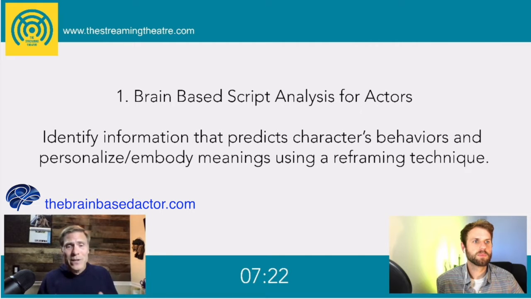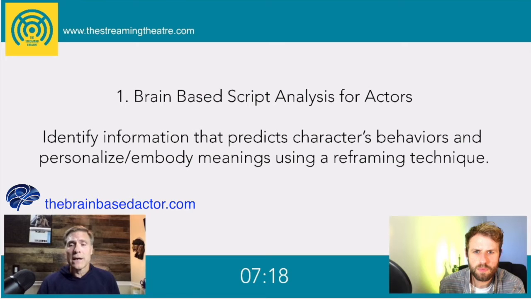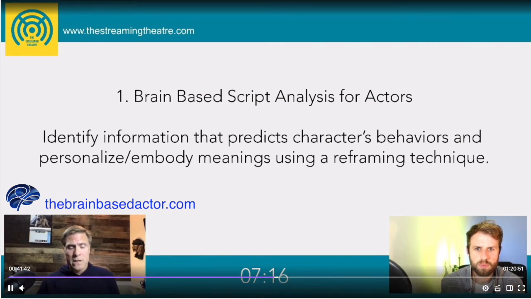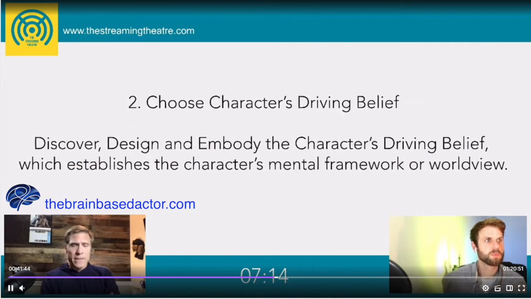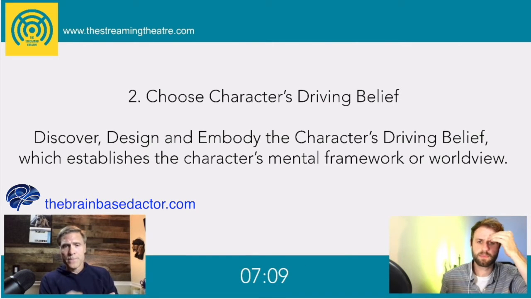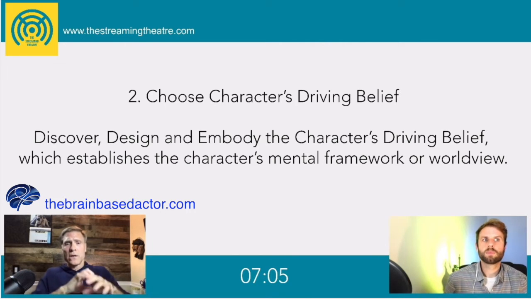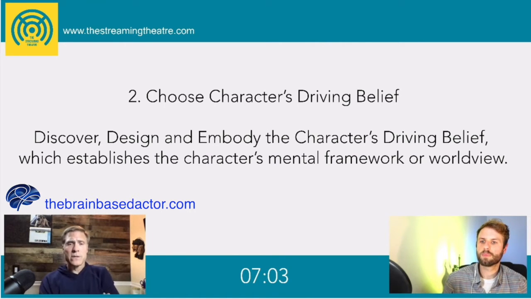The next thing we do is when we get into the memory design, and we create the character's driving memory. Now, the driving memory is the character's perspective. And the way that we identify that is every story has a theme, right? Every story is written about a set of ideas. So Cat on a Hot Tin Roof is about lies and deceit.